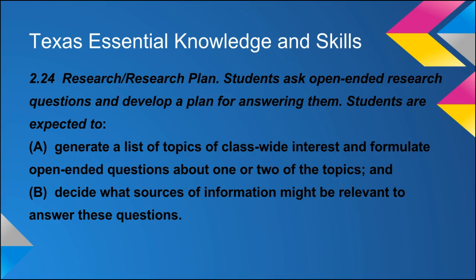So if I'm wanting to know more about anglerfish in the ocean, is there someone in my family or a teammate's family that is an oceanographer or maybe a zoologist that I can call and ask some questions to? Or do I need to just go straight to the internet? Do I need to find information in an encyclopedia? So all of these types of practices we're getting good at in the TEK of 2.24.